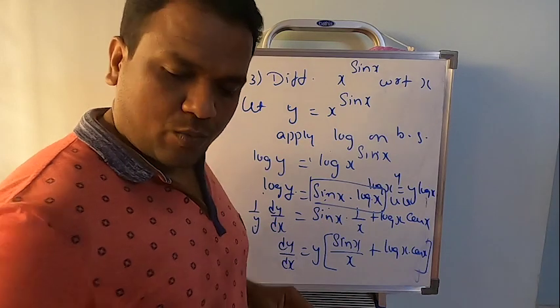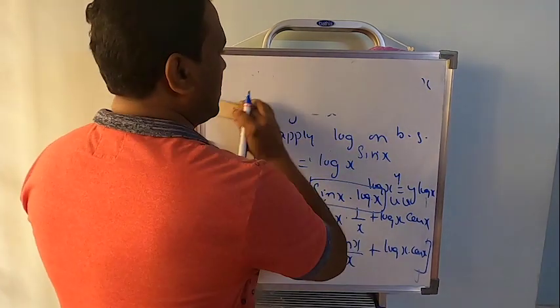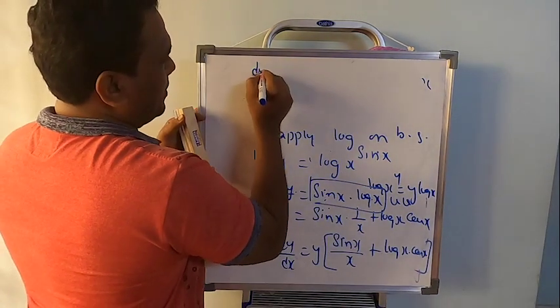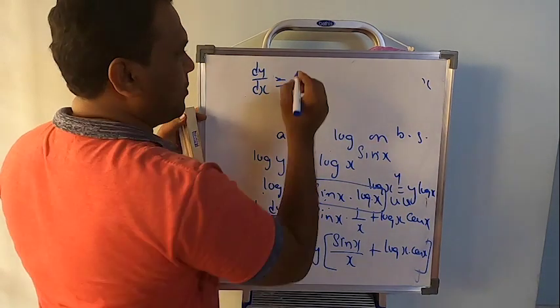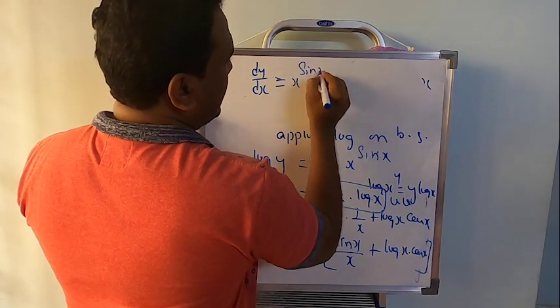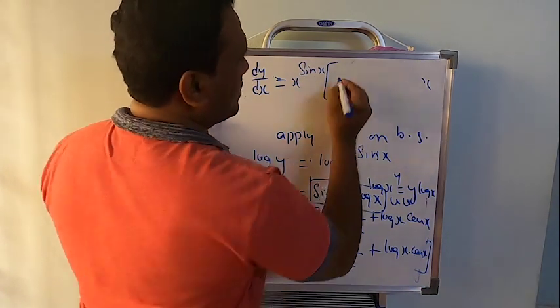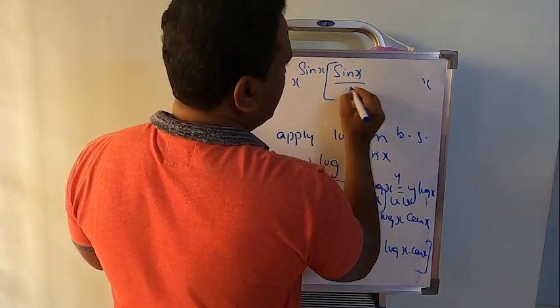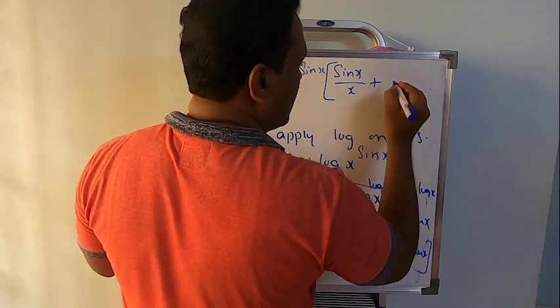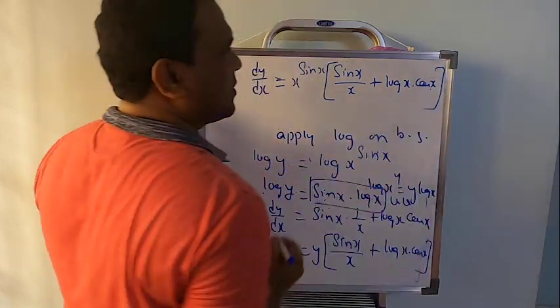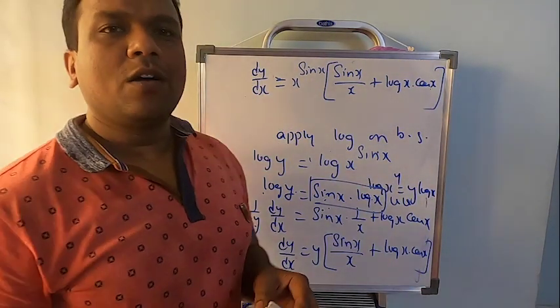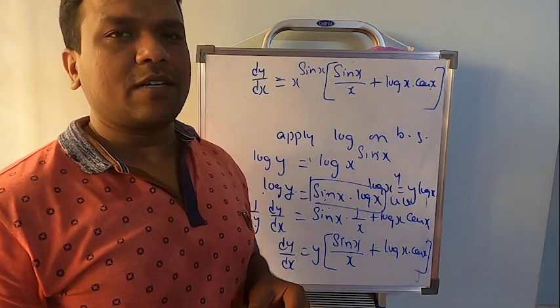So finally, dy by dx equals x to the power sin x, open the bracket, sin x by x plus log x multiplied by cos x. That's how a problem based on logarithmic differentiation has to be done.